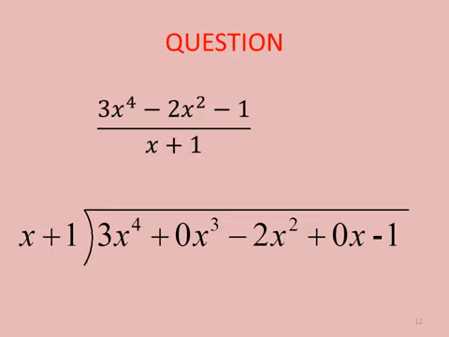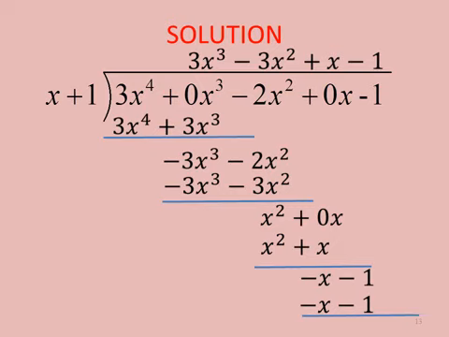We have had to insert a term for x cubed and a term for x because there wasn't one in the original question. Now we can carry out a long division. So pause the video, have a go, start the video again and check your solution. How did you get on? This time your quotient is 3x cubed minus 3x squared plus x minus 1.